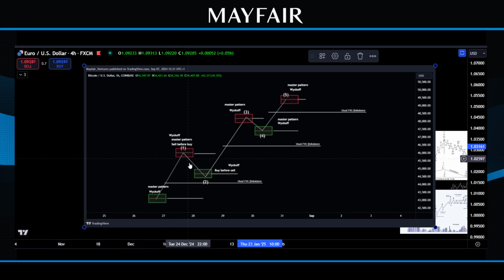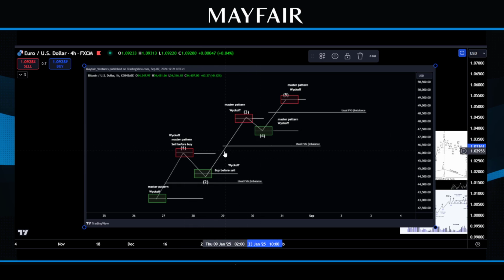As we distribute, we get an ABC on the nested move, a range-bound move on a smaller time frame. And then we know that we're accumulating again because the momentum is to the upside. We change the character as we break through this particular level, creating an impulsive move with breakout buyers, new orders coming in, short stop losses being triggered, and so on.